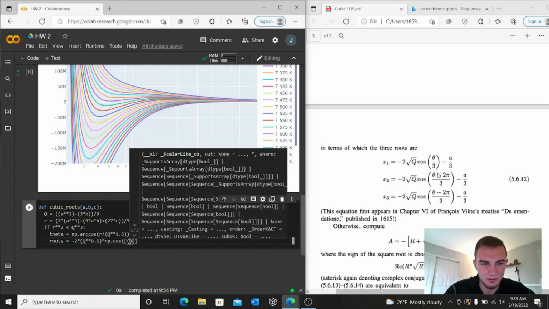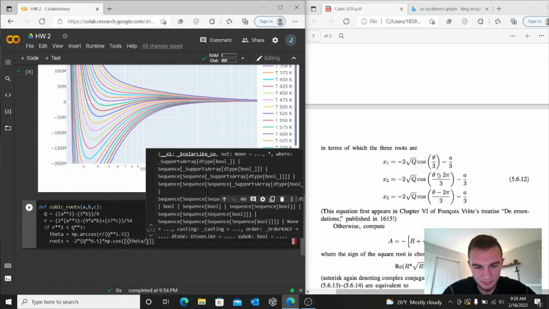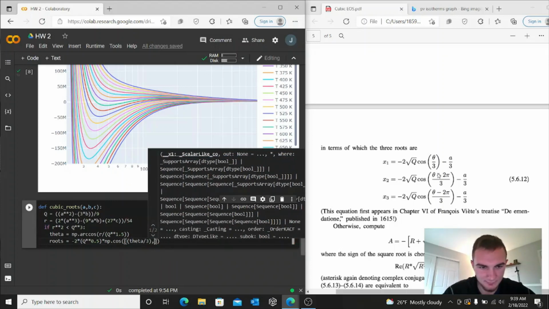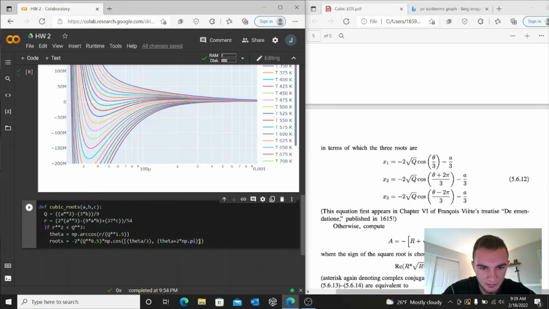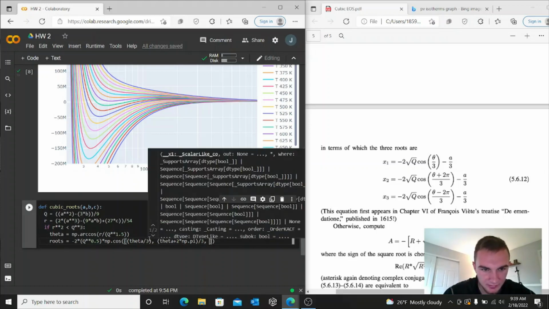Our first one will be theta divided by 3. Okay. Our second one here will be theta plus 2 times pi. So we'll have theta plus 2 times np dot pi, and this will be divided by 3. Okay, we're good there. And our last one here will be theta, and then we'll subtract from that 2 times np dot pi.